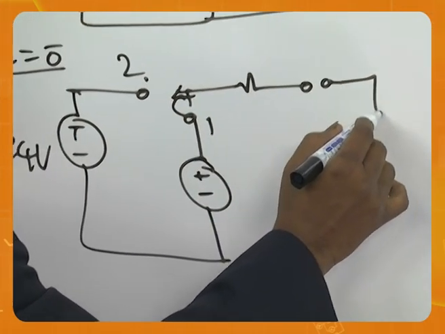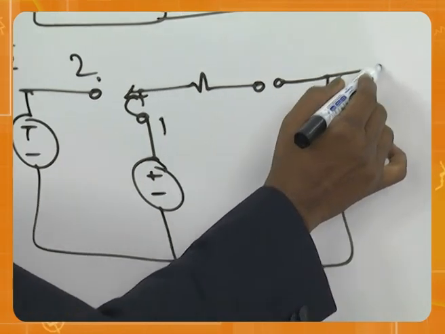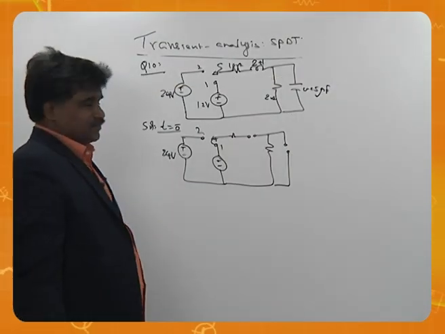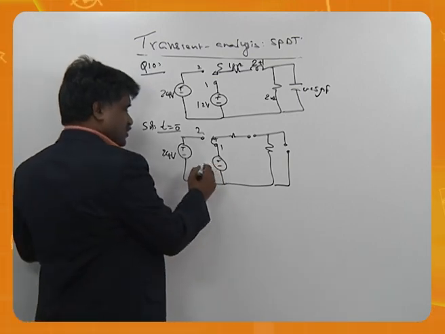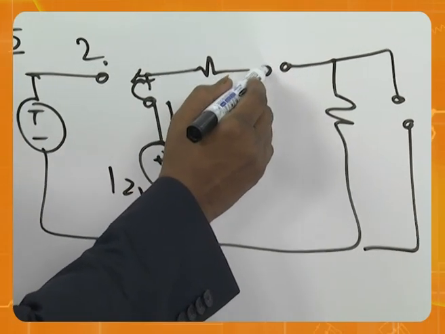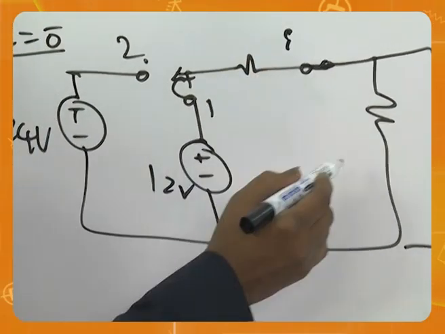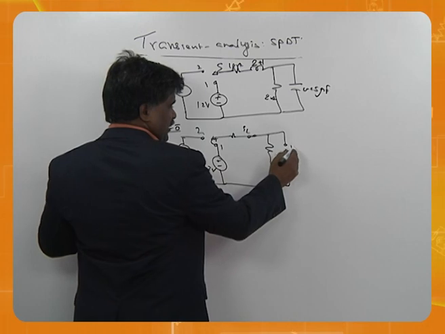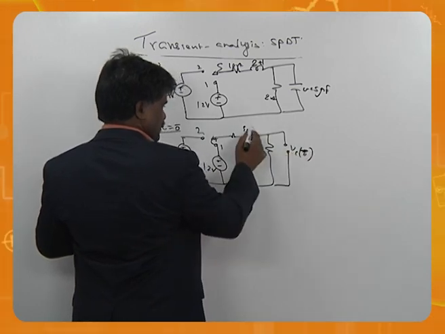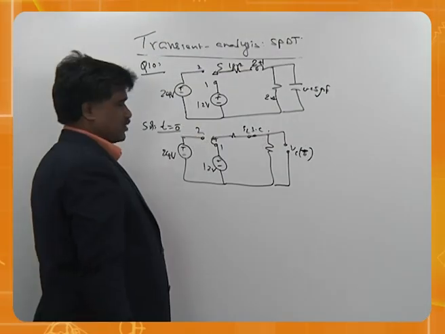Capacitor is here, because it is connected to one of the supply. When an inductor is connected, this will act as a short circuit. When a capacitor is connected, open circuit. Short and open.